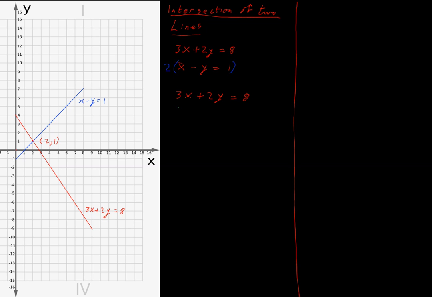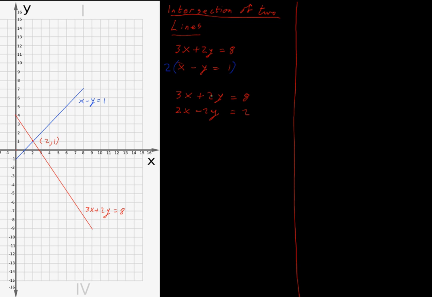So 2 by x is 2x. 2 by minus y is minus 2y. And 2 by 1 is 2, and we don't forget our equal sign. Now, this is my new bottom equation. I've multiplied the original one by 2.